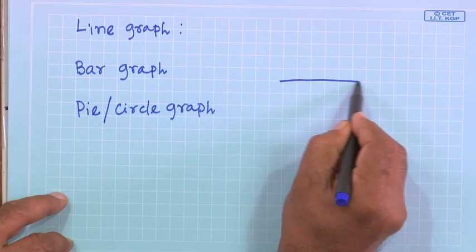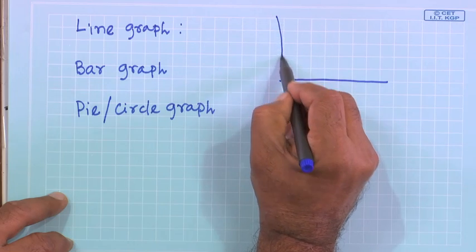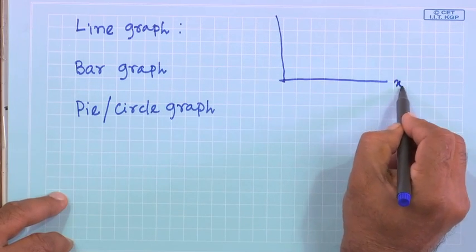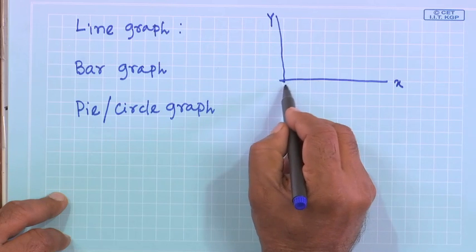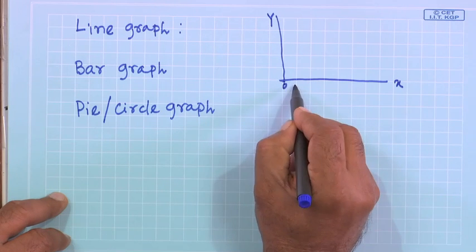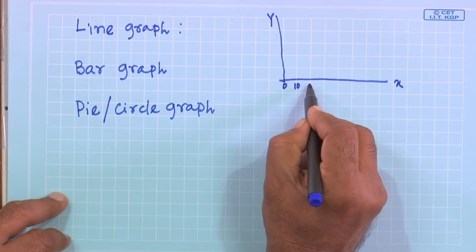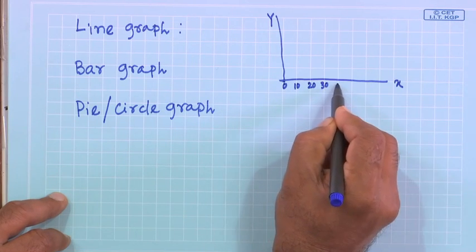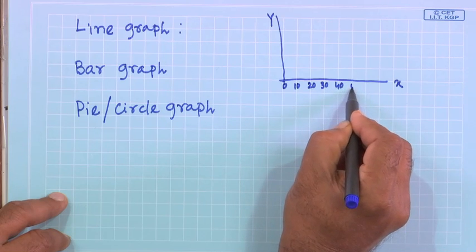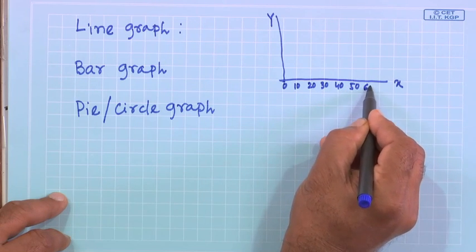So, this is basically a bar diagram, with the x axis and y axis. Along the x axis we have grouped it: 0 to 10, it can be age or particle size, then 10, 20, 30, 40, 50, 60 like this.